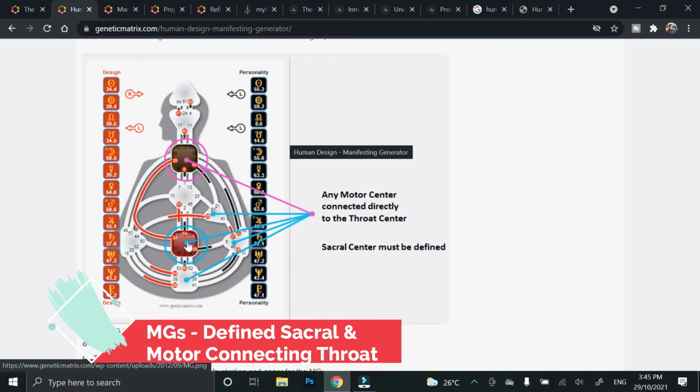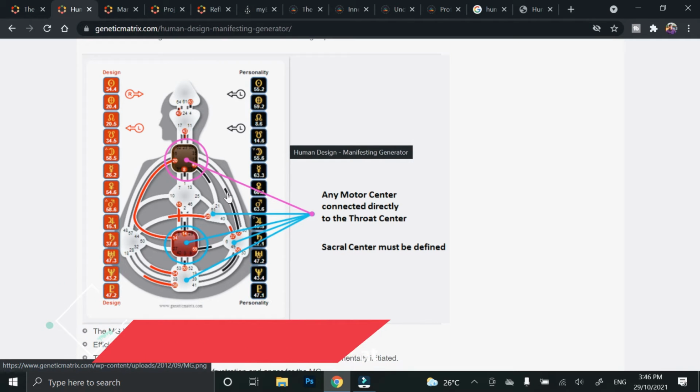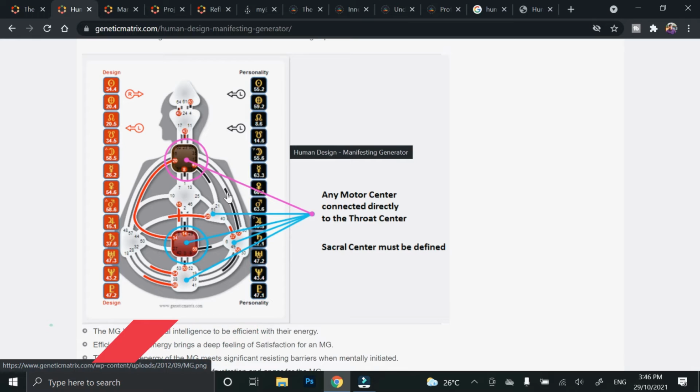Any motor center connecting to the throat would mean that this is an MG straight away. My baby girl Kira is actually an MG. So yeah, quite a unique mixture. In this case, you have the sacral directly connected to the throat center, which would mean that this is an MG.